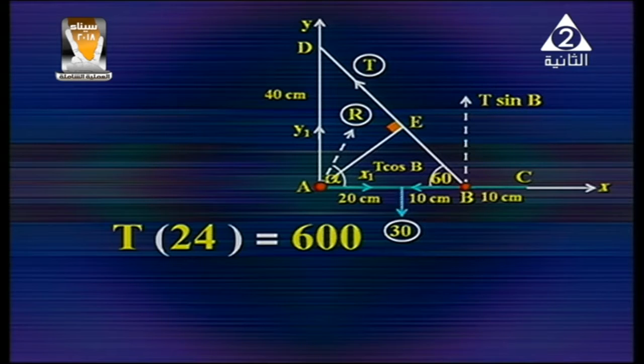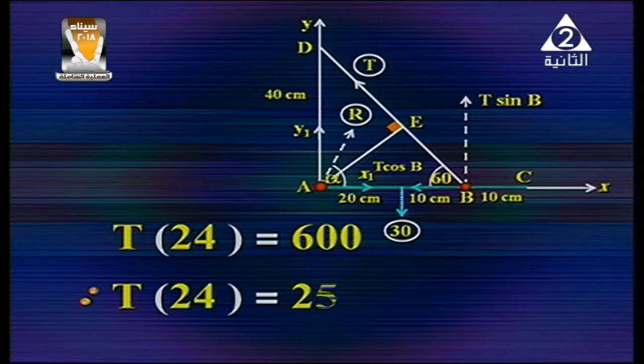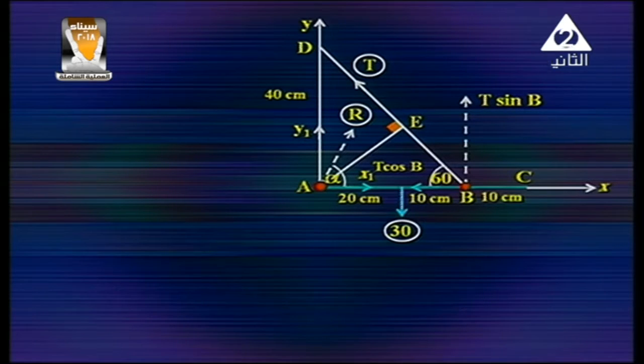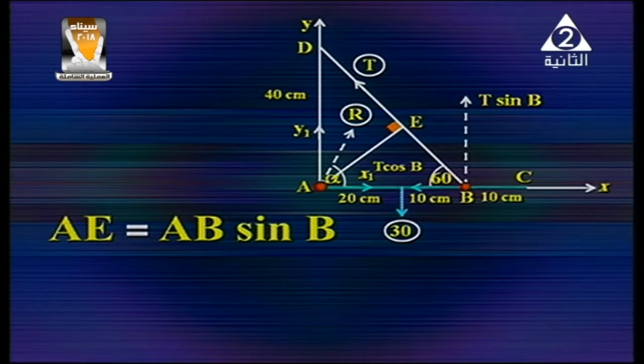Then by substitution, T times 24 equals 600. Then T equals 25 kilogram weight.